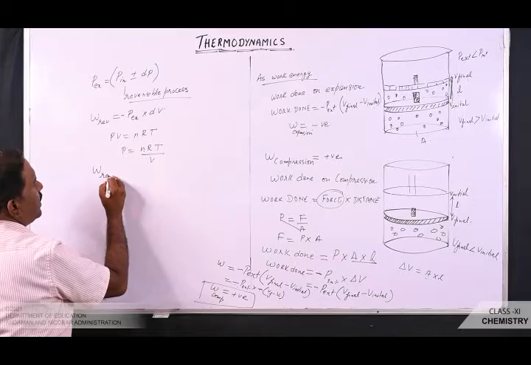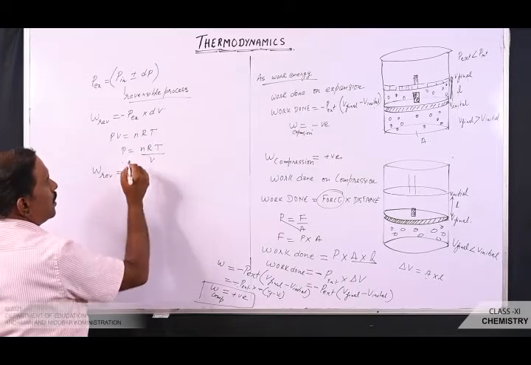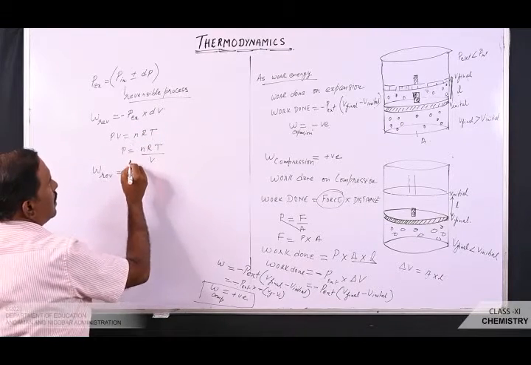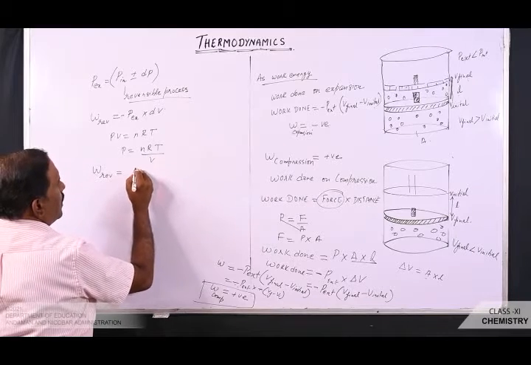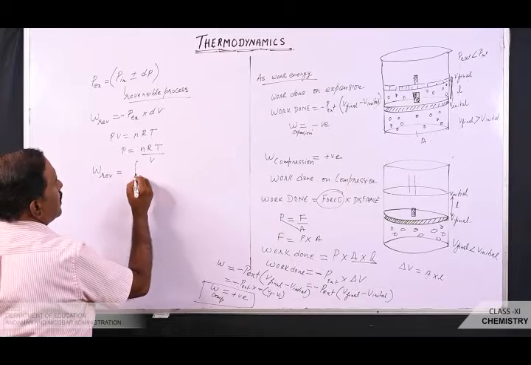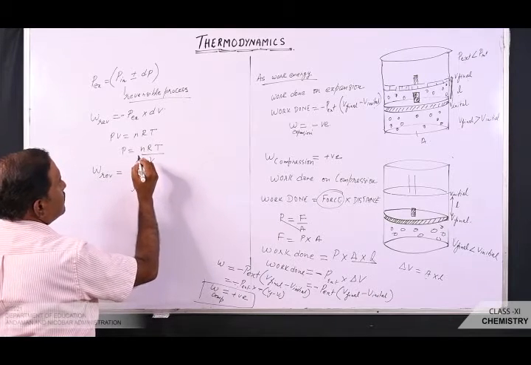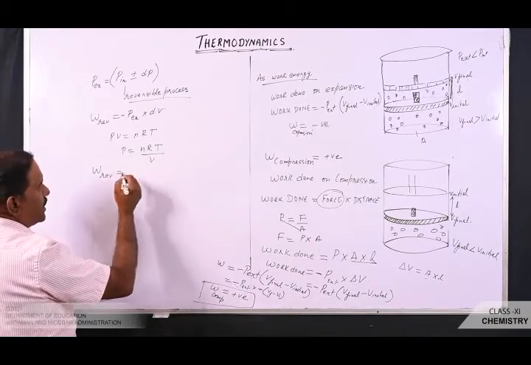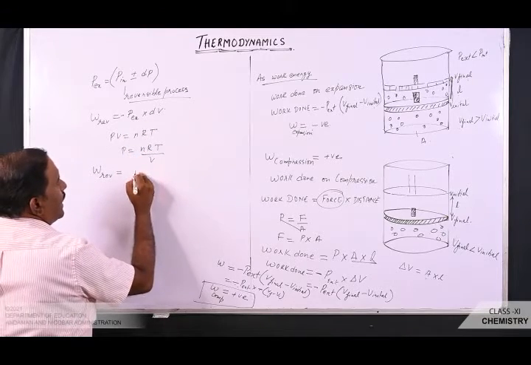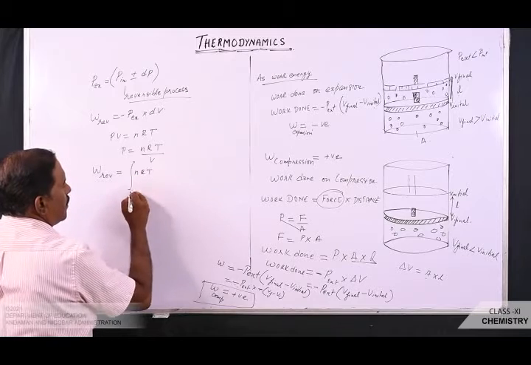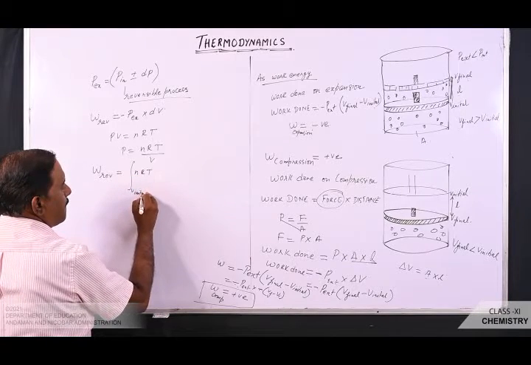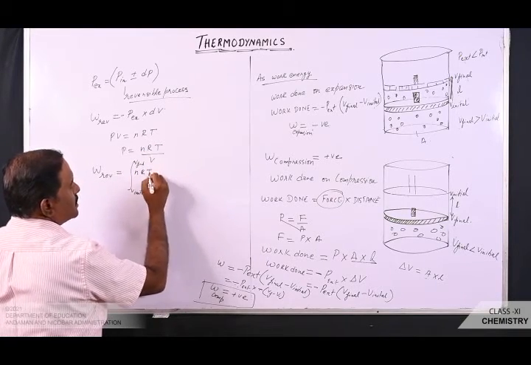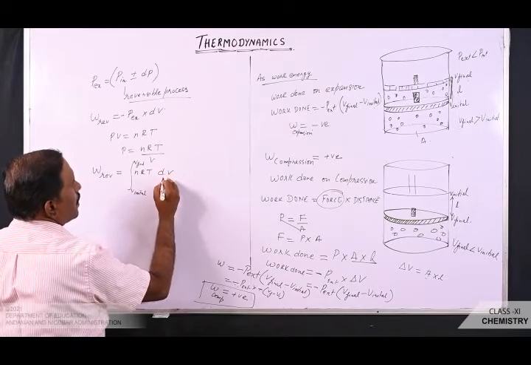So, we will get W reversible is equal to minus, integral from V initial to V final of nRT, which can be written as dV by V.